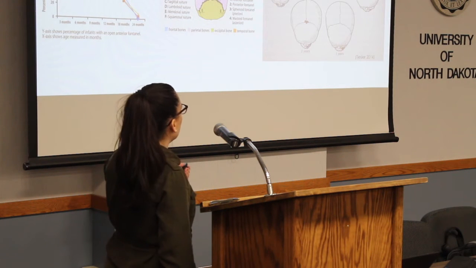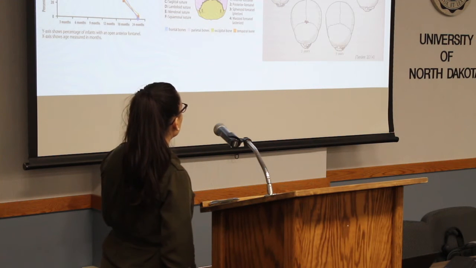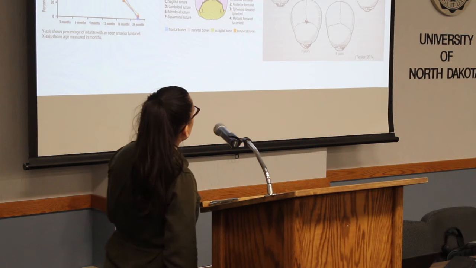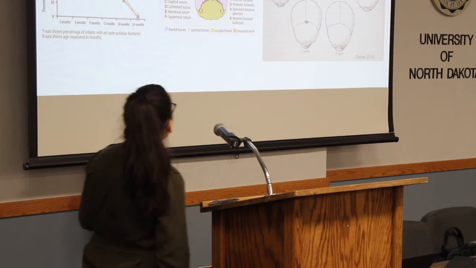And as time goes on, during an infant's life, the fontanelles close. So this is a newborn, 6 months, 9 months, 1 year, and then around the 3-year mark is when the fontanelles completely close.